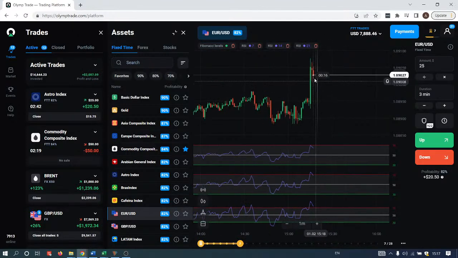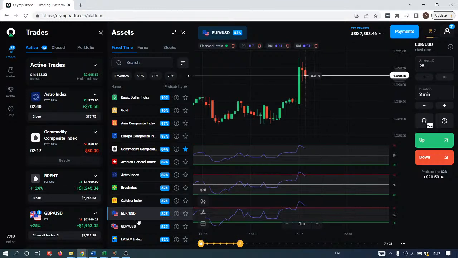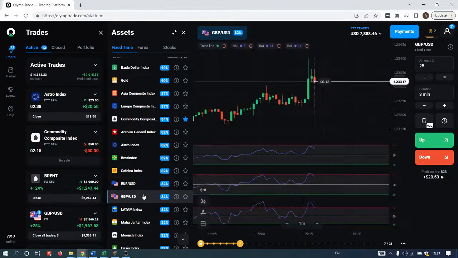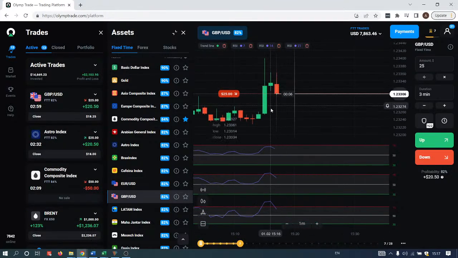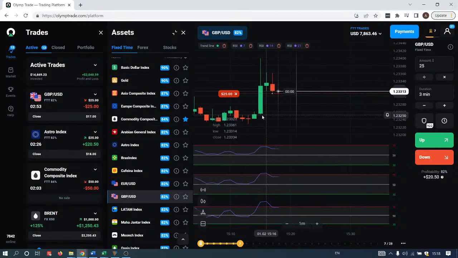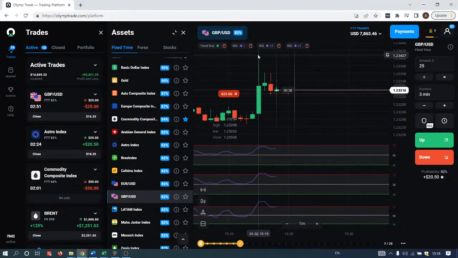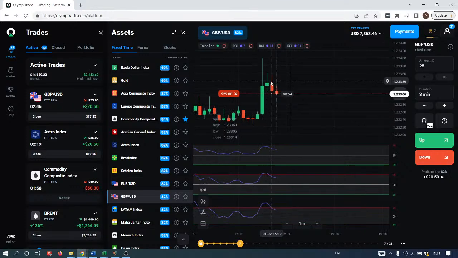Euro USD. All right. Let's see. Wow. GBP USD. Okay. Yeah, let's give it a try. We kind of had this first initial impulse on this chart. It was in the upwards direction, and now we have corrected here.